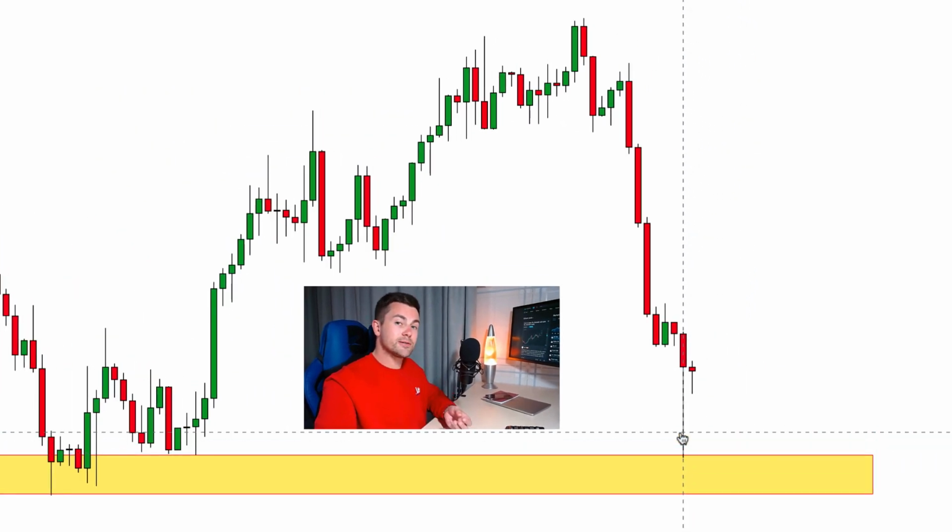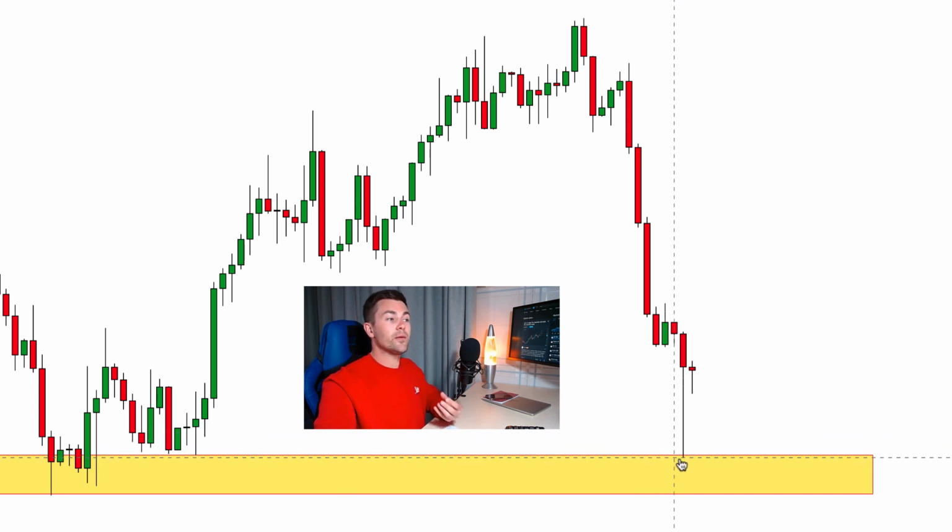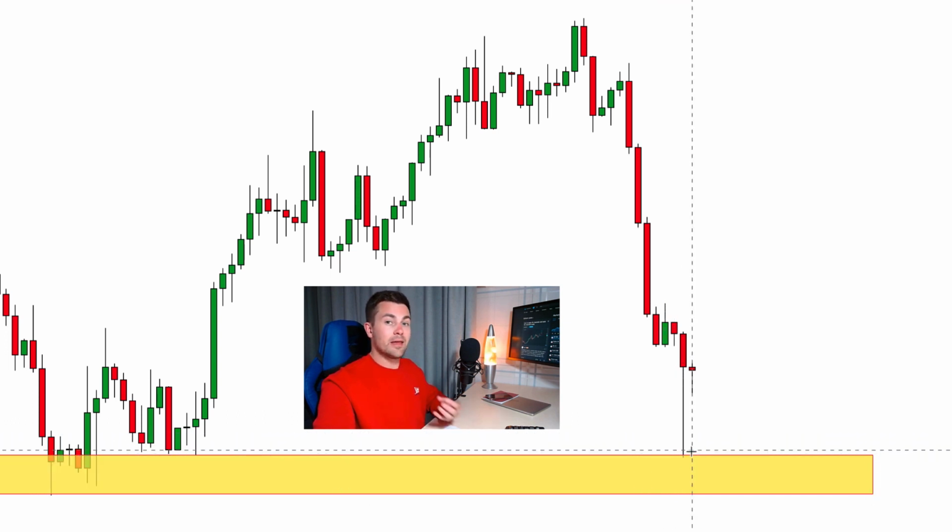Some sellers stopped selling and started to close their selling positions. It is very telling. This pattern is a perfect predictor of the strength of the structure.